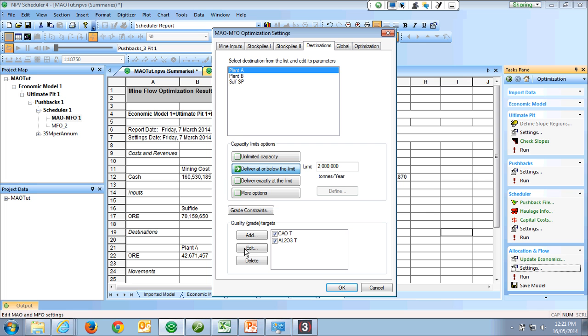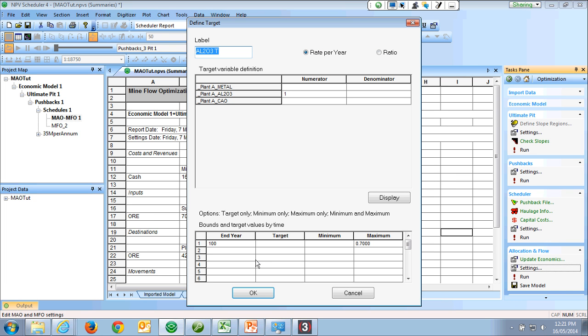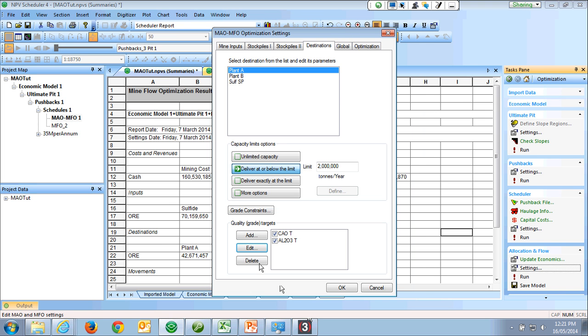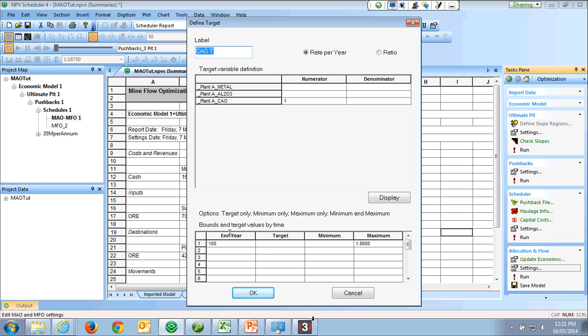With the plant, we have limitations for what we want to get out of the plant. So we want a maximum Al2O3 of 0.7, and our CaO, we want a maximum of 1.8.